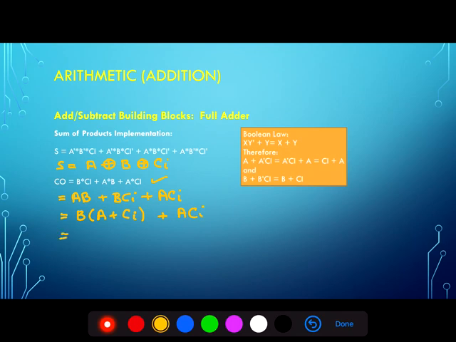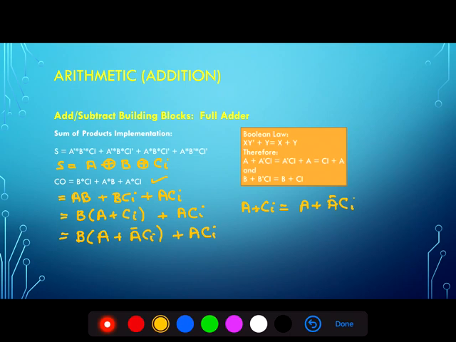But now we can apply the Boolean identity that A or Ci is also equal to A or A not Ci, and that will come in handy as we try to simplify this expression and reduce the total number of logic gates to implement this full adder. So if we implement that here, we'll get B times the quantity A or A not Ci or ACi.